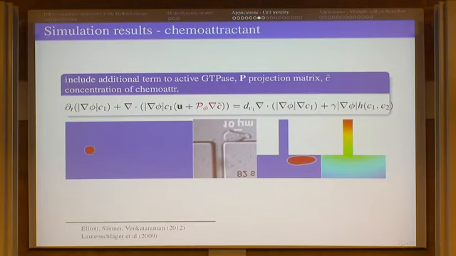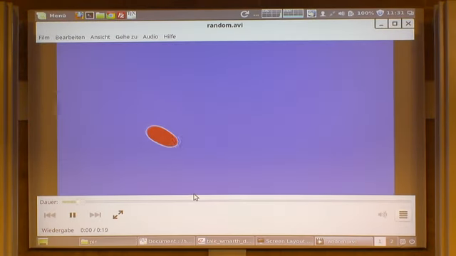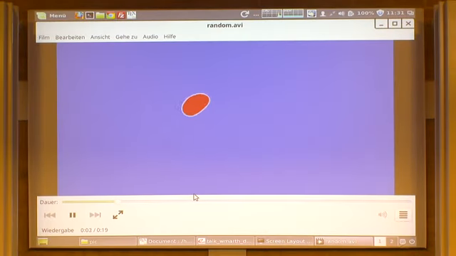And then we can describe cells which are following those chemoattractants, which you can see here. So for example, if we use a chemoattractant whose direction is changed randomly, then we can generate those motions here.